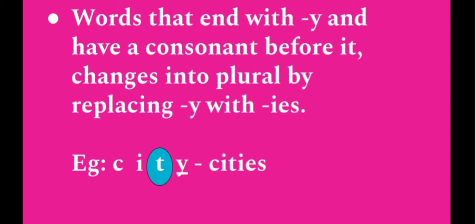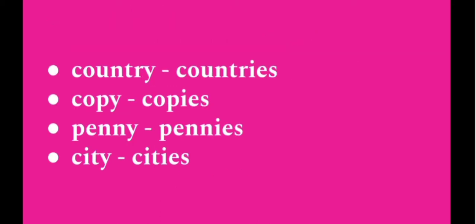So we are discussing es. Now look at the examples given. Country. In the word country, we have the letter Y as the ending letter, but before the letter Y comes R. R is a consonant, and so we add IES. The next word, copy.